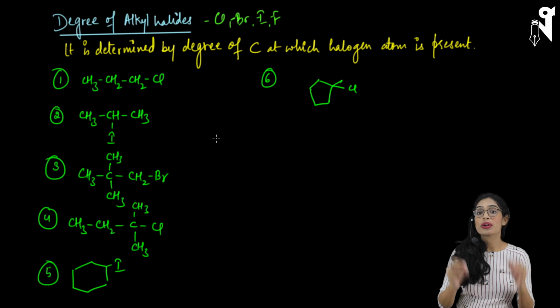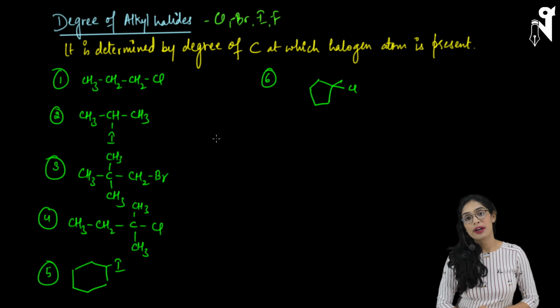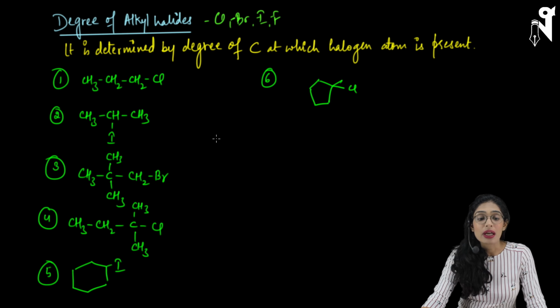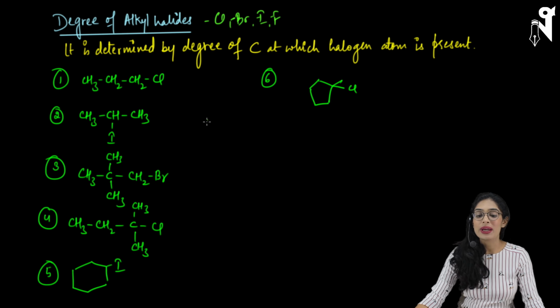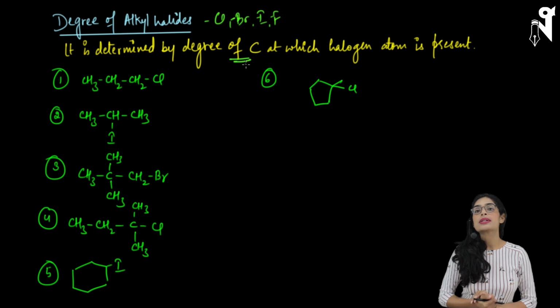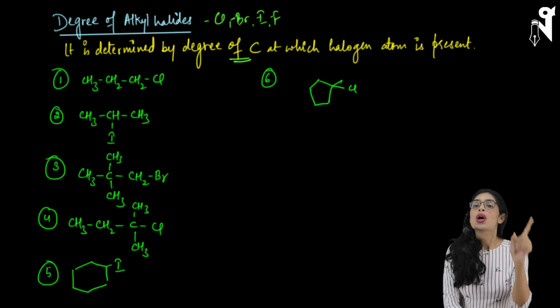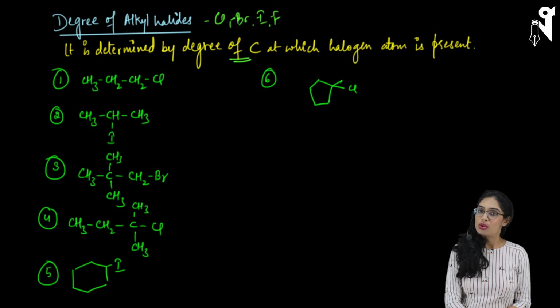If I have to find out the degree of alkyl halides, how will we find it? This is determined by the carbon at which the halogen atom is present. So basically, we're not talking about all the carbons in the chain. We are specifically talking about the carbon on which the halogen is present. The degree of that carbon will be the degree of the halogen atom also.